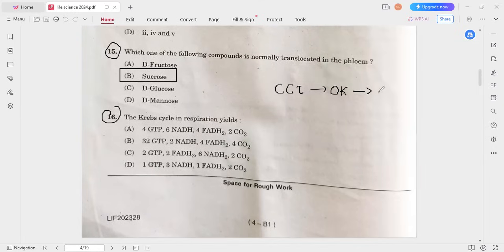Next, succinyl CoA, succinic acid, fumarate, malate, then oxaloacetate. This is one trick which I use to remember: CCI, SS, FMO. In between these steps, NADH and FADH2 are produced.